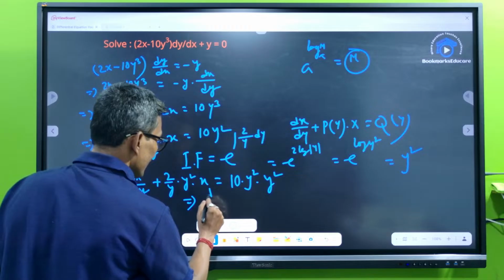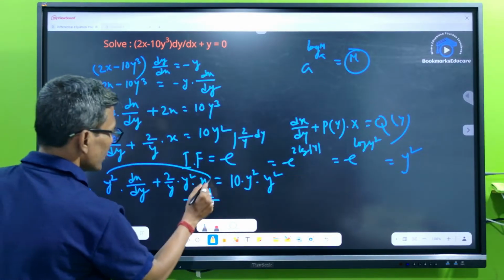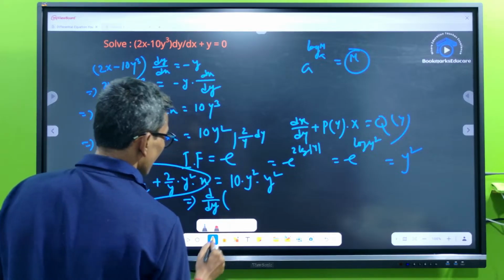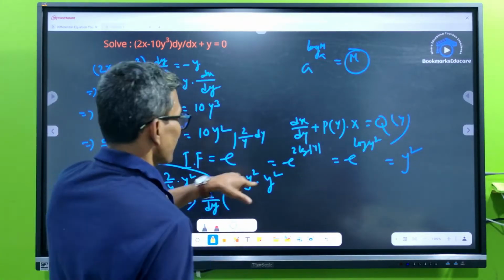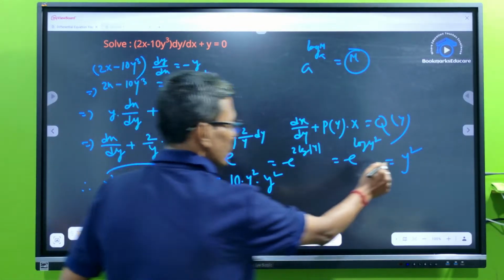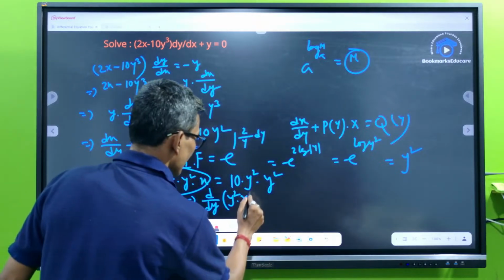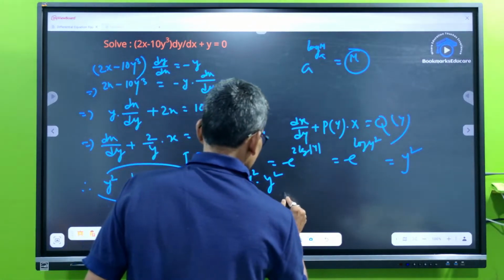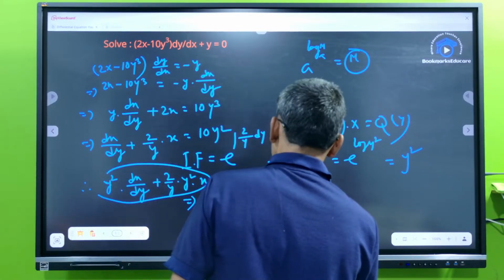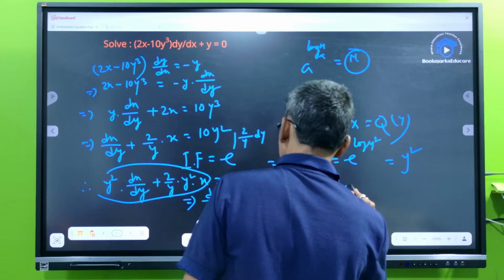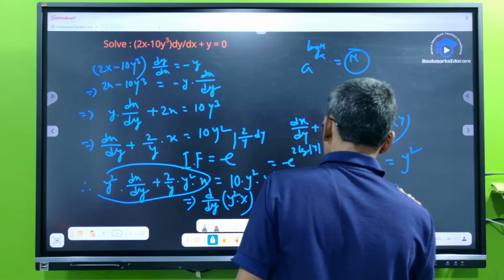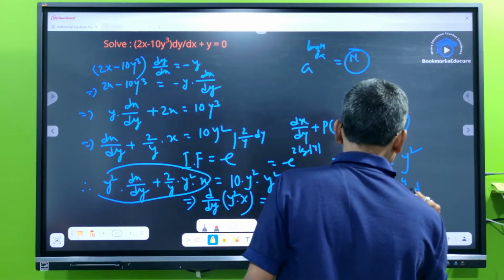So instead of this portion we can write d/dy of the integrating factor into x. The integrating factor is y square, so y square into x is equal to 10 y to the power 4. So d of x into y square is equal to 10 into y to the power 4 dy.